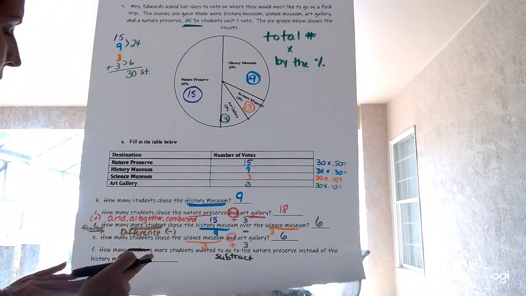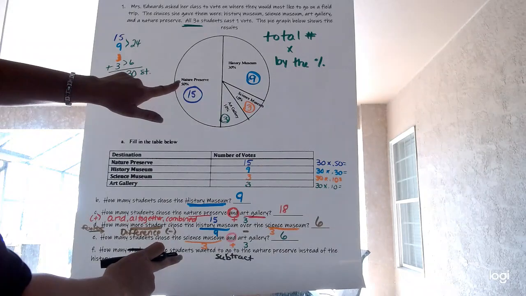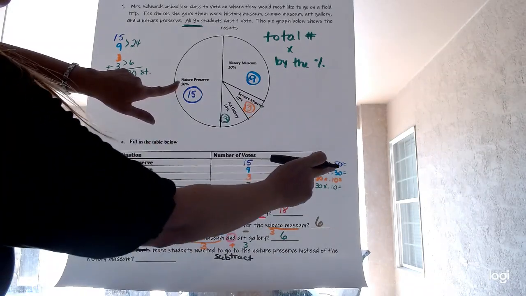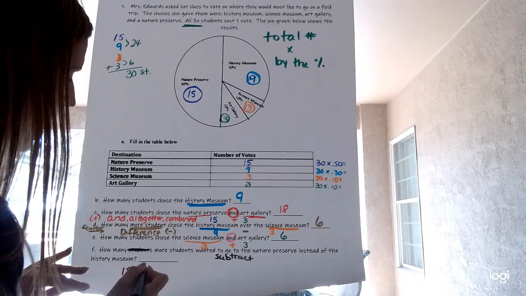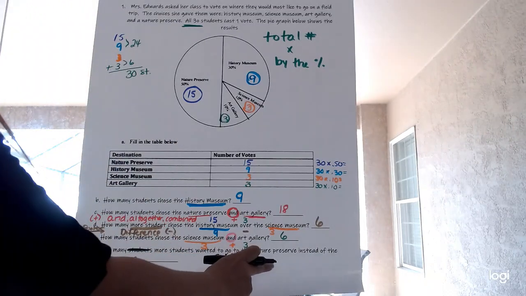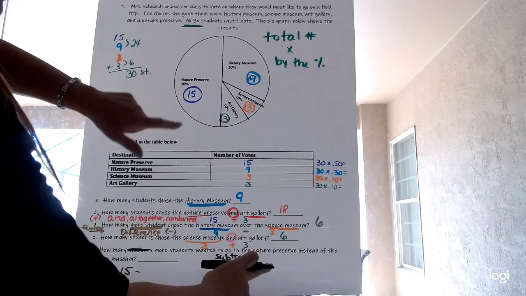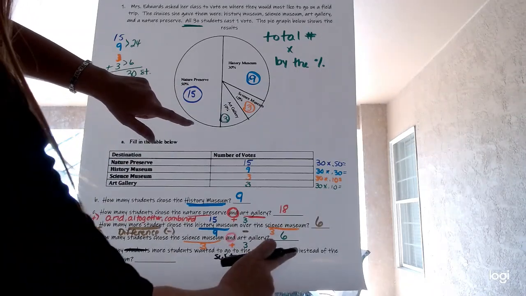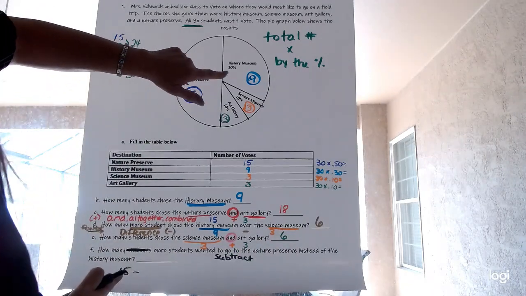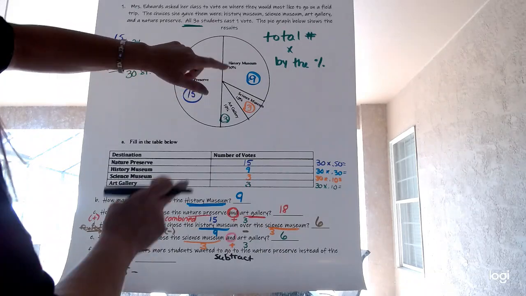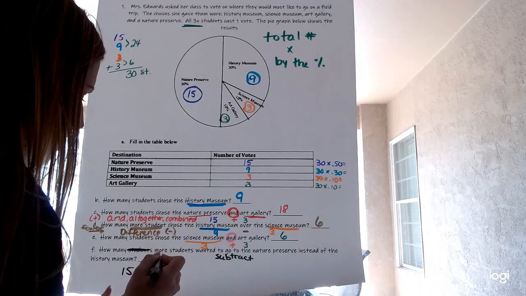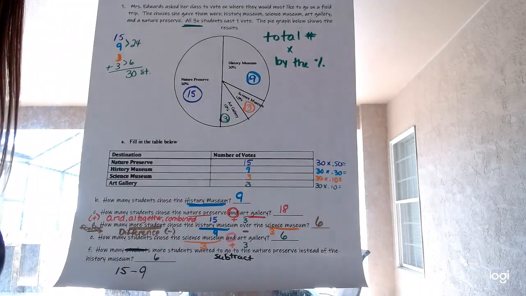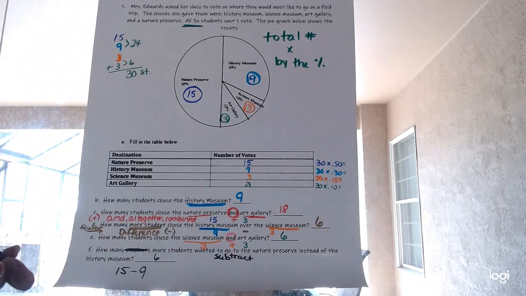So I'm going to figure out how many students went to the Nature Preserve. 30 times 0.50 is 15. I'm going to subtract, and then the History Museum is 30 times 0.30, which is 9, so I get a total of 6. 6 has kind of been a popular number here, hasn't it? So that's how you would do that.